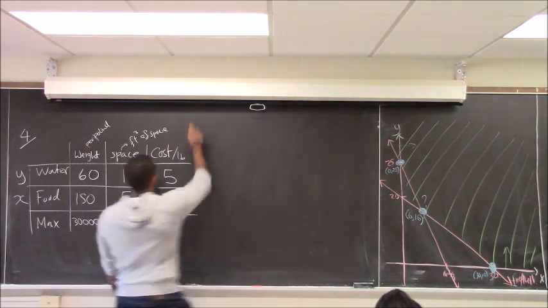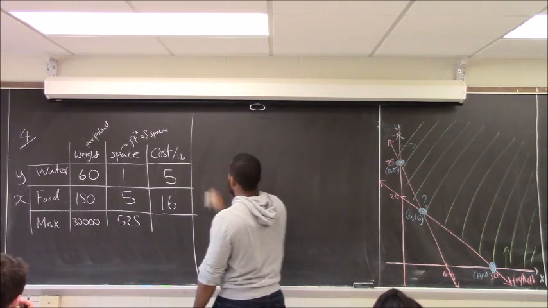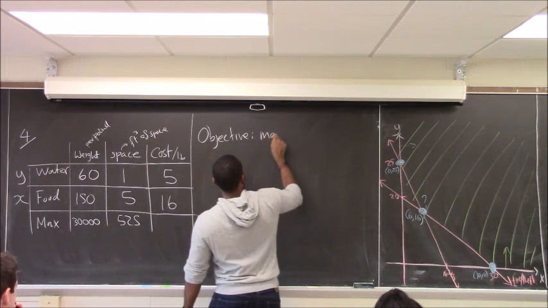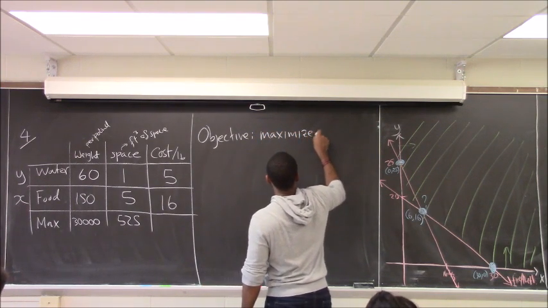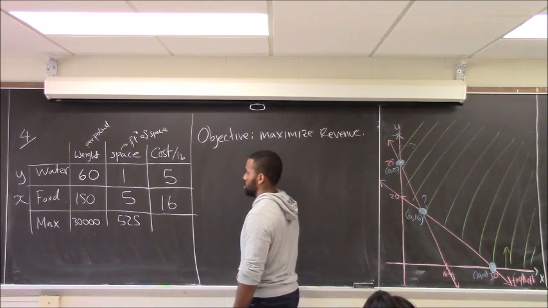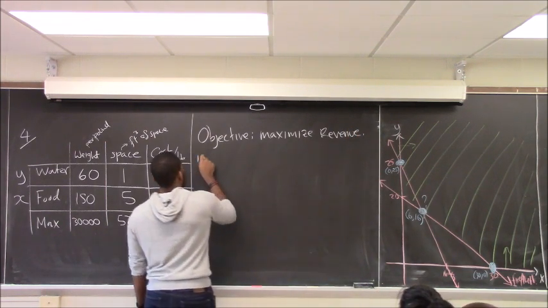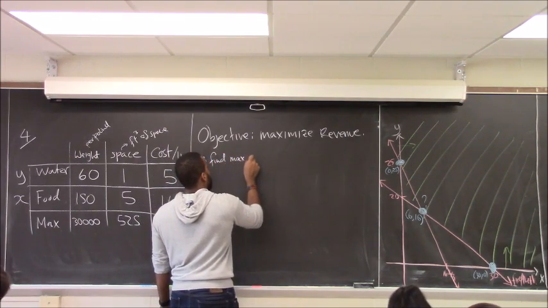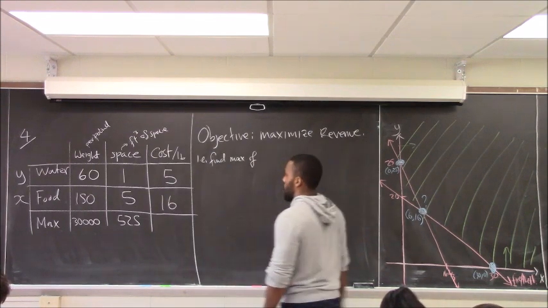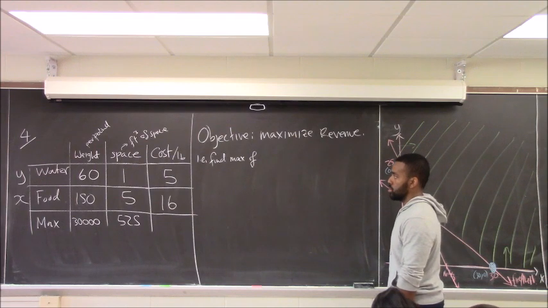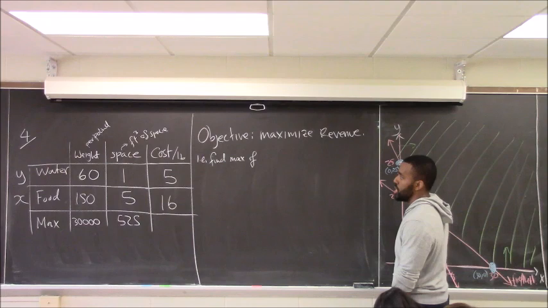Okay, so we know what our goal is here. The objective is to maximize revenue. How do we compute revenue? What's the revenue going to be? Well, it's basically the number of things you're selling times the price for each thing.